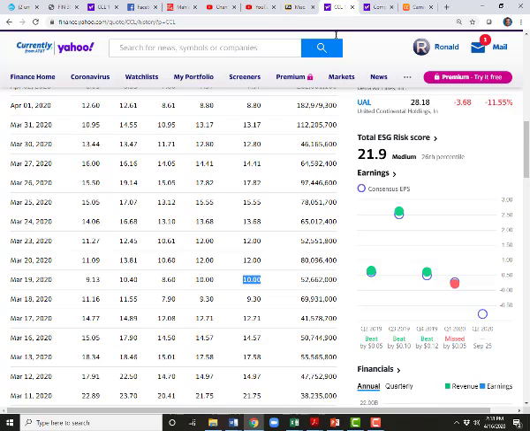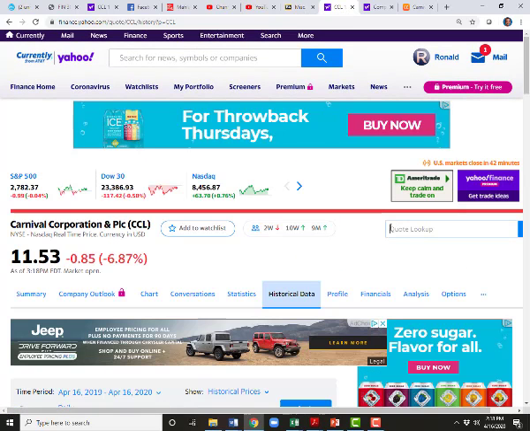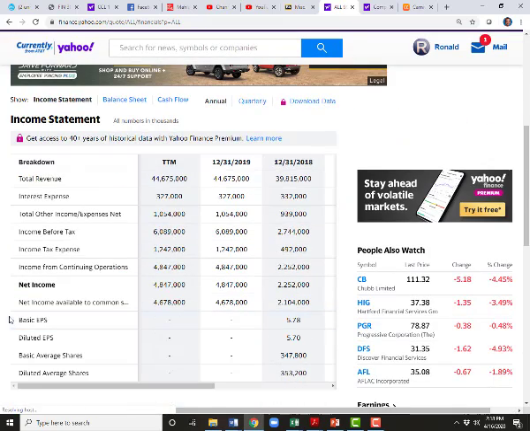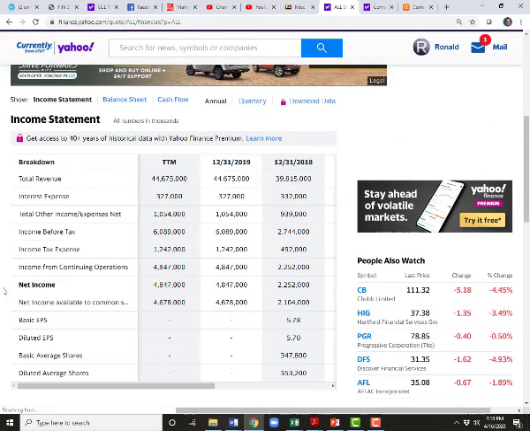If you go into Yahoo Finance and you type in Allstate, so here's Allstate. We do financials. If you look at the income statement, first of all, it's going to show us both their life. Allstate has a large life insurance company, so they show total revenue. That total revenue includes premiums and investment income.